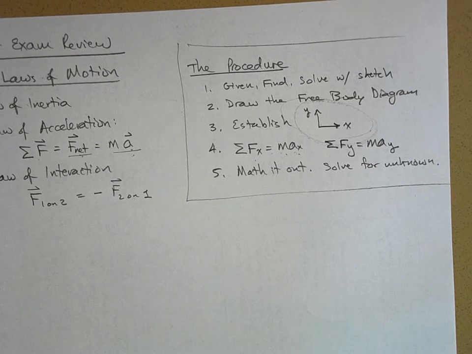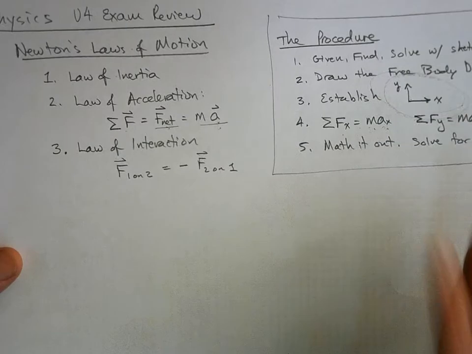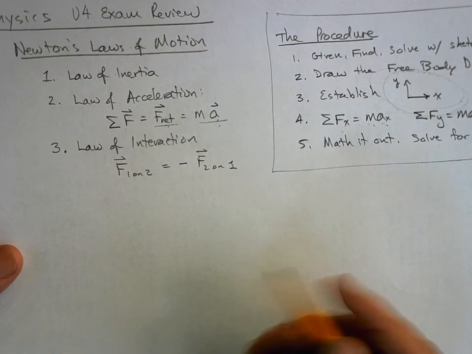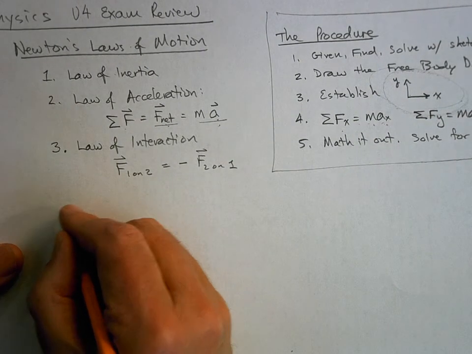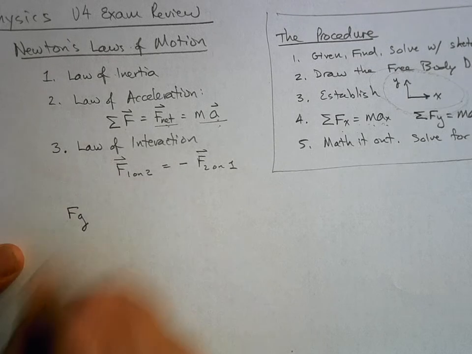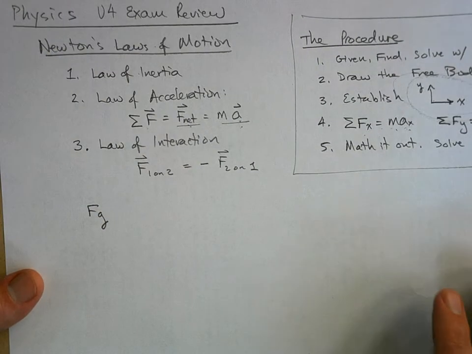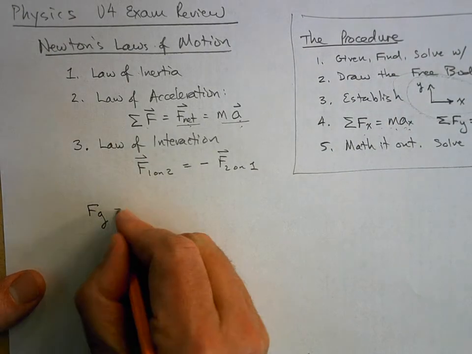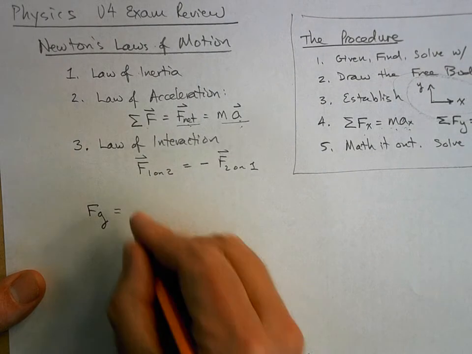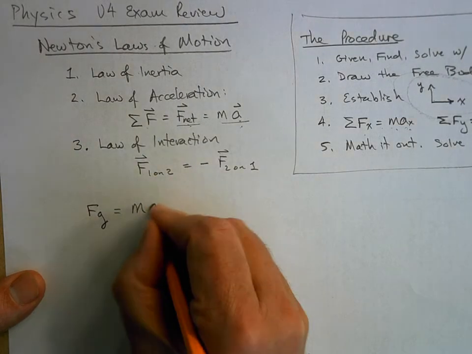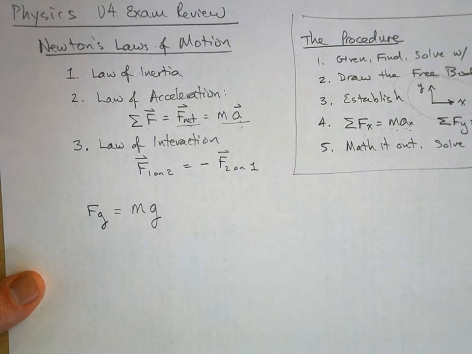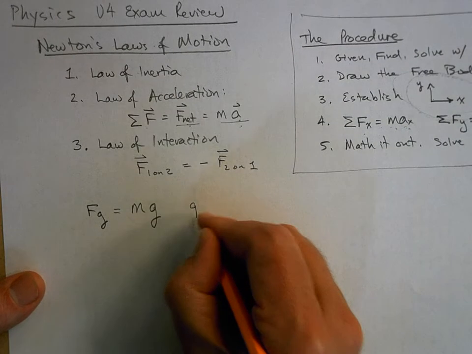Now, there are some equations that we developed. If I know an object's mass, gravity's going to pull on it. The force of gravity is the object's mass times g. And what is g equal to?